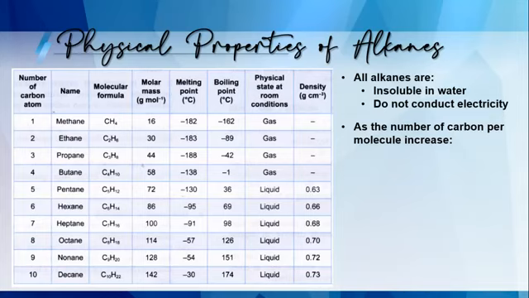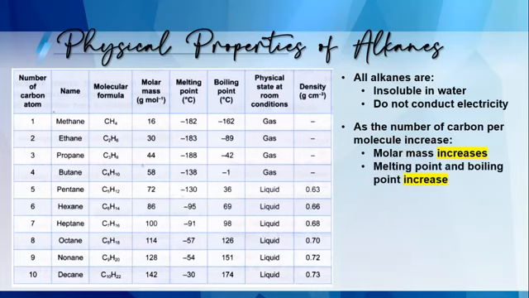As the number of carbons per molecule increases, for example methane has 1 carbon atom per molecule, ethane has 2, propane has 3, the molar mass increases, the melting point and boiling point increase, and the physical state at room condition changes.